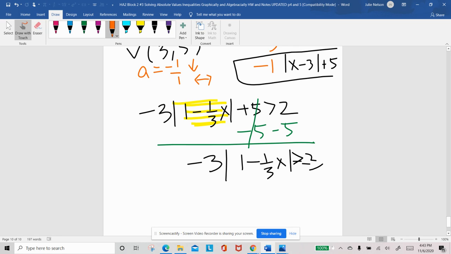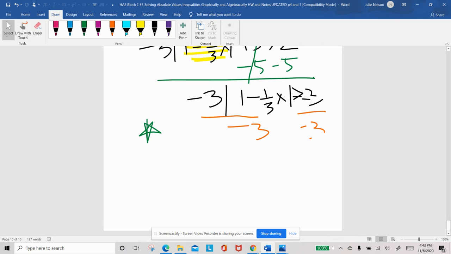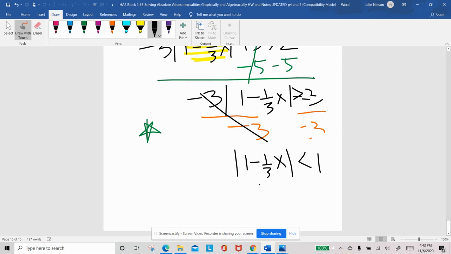And then I want to divide by negative 3. And be very careful. I'm multiplying or dividing by a negative. Anytime I multiply or divide by a negative, I flip the inequality. So 1 minus 1/3 x is less than 1.